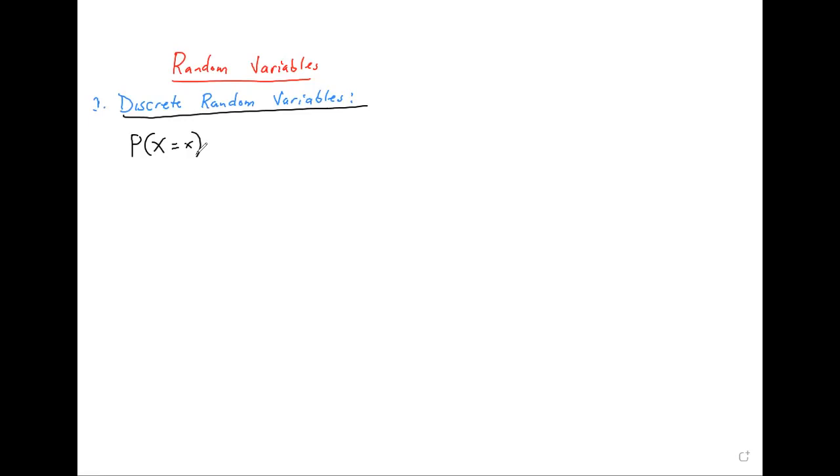So this small x is equal to x1, x2, x3, and keeps going, where these form this set. That's the bigger X. And it's sometimes called the probability mass function.